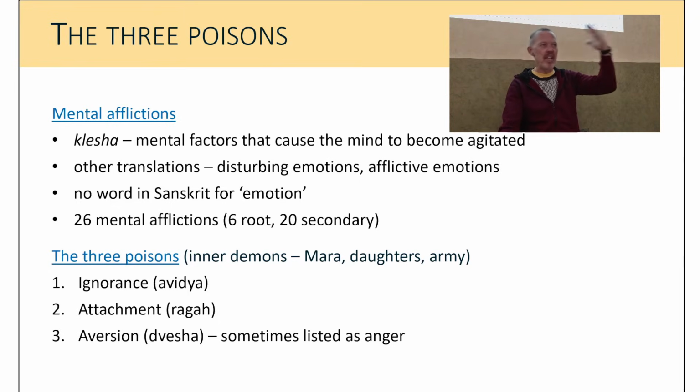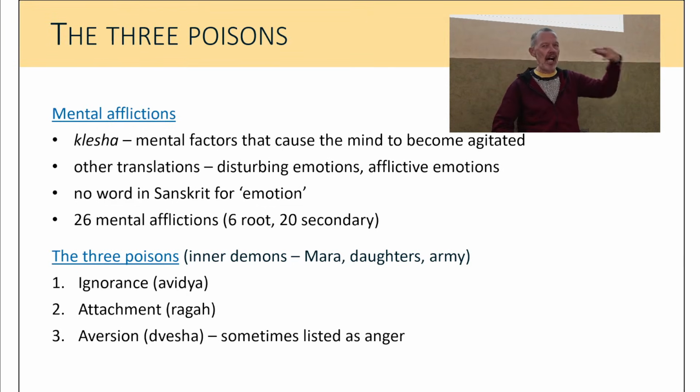So this Mara demon came to him and tried to stop him from doing what he was doing. So first, the story goes, he sent his beautiful daughters to seduce the prince. And of course, he just ignored them and they just vanished.